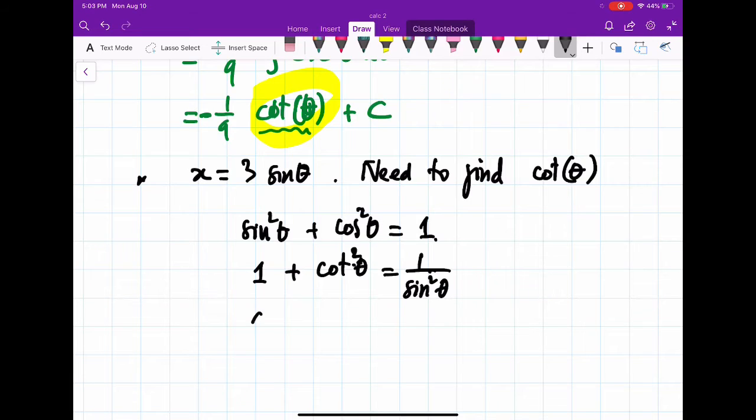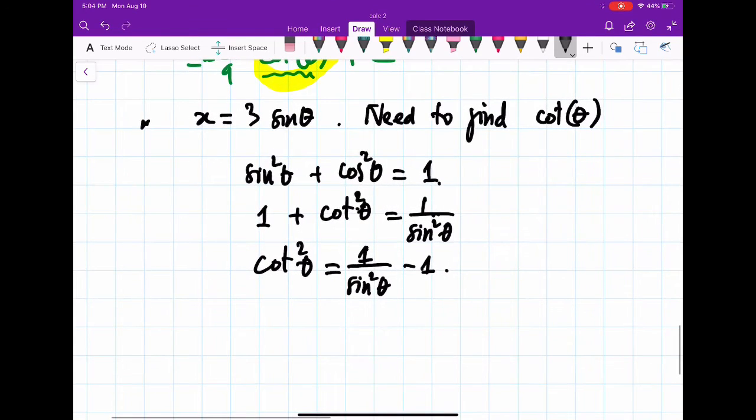From here, you get cotangent squared theta is 1 over sine squared theta minus 1. And if you apply square root, you get cotangent of theta is equal to square root of 1 over sine squared theta minus 1.